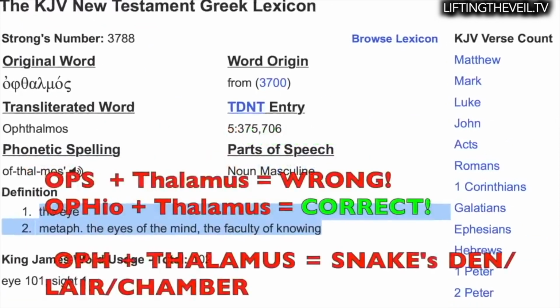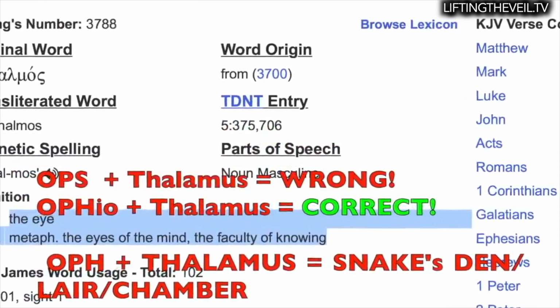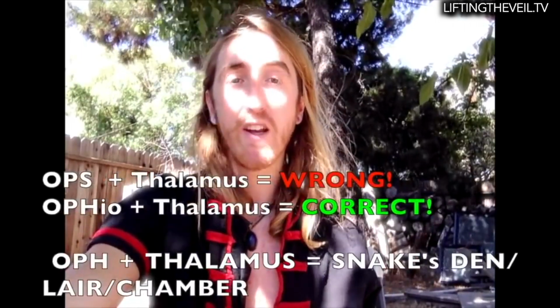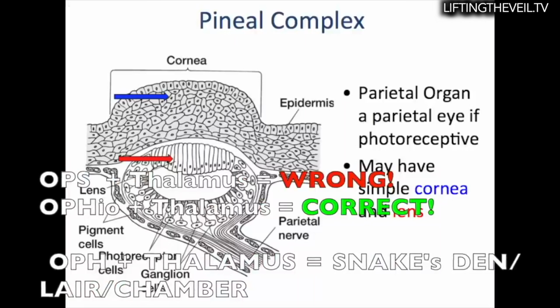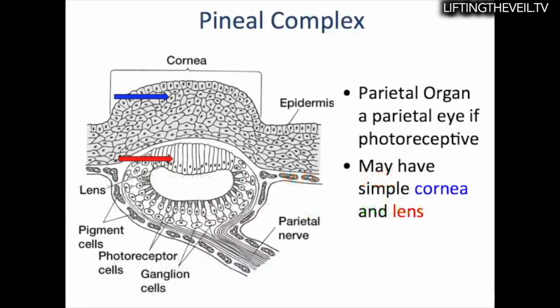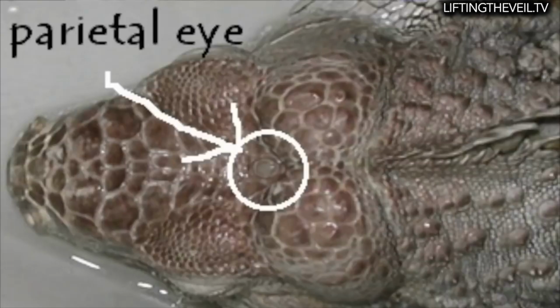It's ophthalmos, not ophthalmos. From the point of view of biological evolution, the pineal gland represents a kind of atrophied photoreceptor, which means a receiver of light. In the epithalamus of some species of amphibians and reptiles, such as snakes, it's linked to a vestigial organ known as the parietal eye.